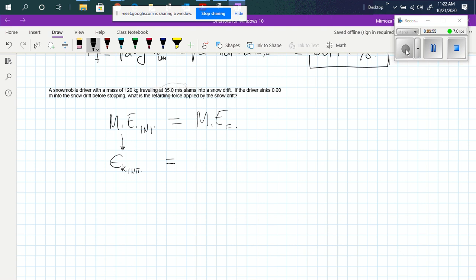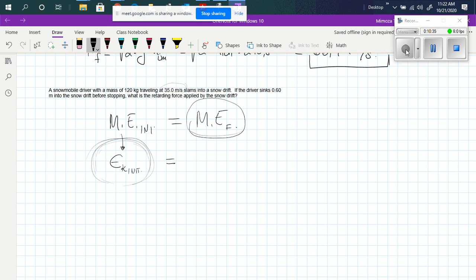Here we see that the driver is sinking into the snowdrift, and it is sinking for 0.60 meters. So as it is thrown into the snowdrift, it goes inside for 0.60 meters. And then we are asking, what is the force that the snow is applying to the object? This tells us that whatever energy we have initially is converted into work.